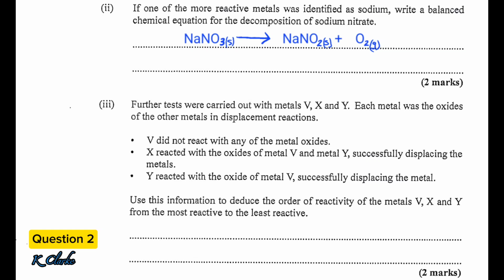This equation is not balanced since there are 3 oxygens on the reactant side while 4 oxygens on the product side. Therefore, in order to balance this equation, we are going to write the coefficient 2 in front of the sodium nitrate and 2 in front of the sodium nitrite on the product side.